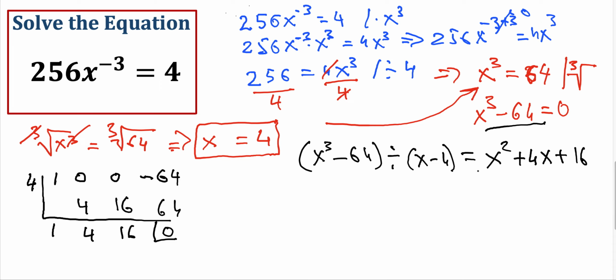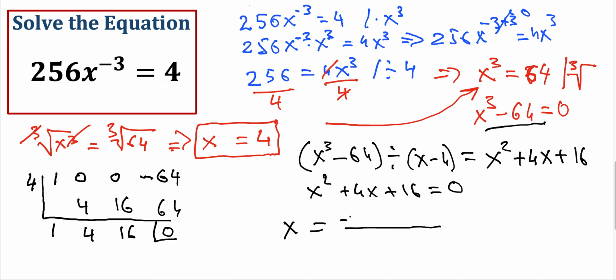I'm taking this quadratic form, x squared plus 4x plus 16, and I equate it with 0, and I want to find the solutions of this factor. So first let me use the quadratic formula. X is going to be minus b plus or minus the square root of b squared minus 4ac, divided by 2a. So here a is 1, b is 4, c is 16. So I'm taking a little bit of a shortcut.